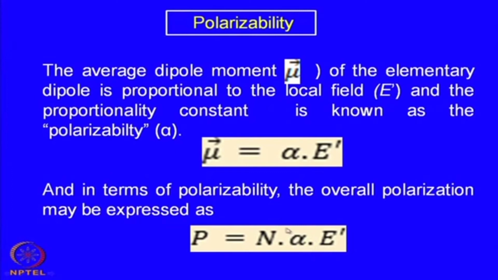So, once again it is the polarization, the total dipole moment. So, this is the dipole moment for each elementary dipole, and n is the number of dipoles per unit volume. So, in another way, P can be expressed in terms of the polarizability, another material parameter of any particular material.